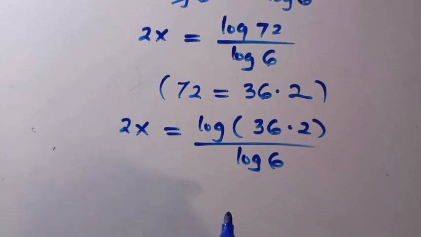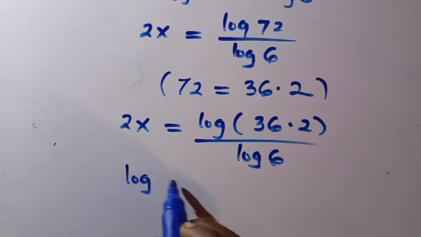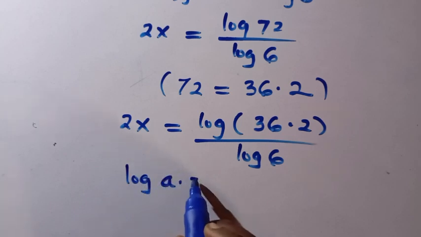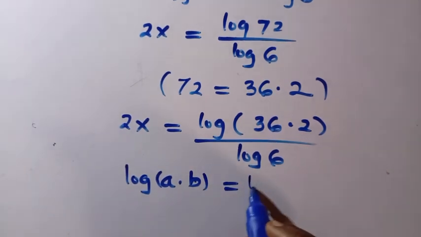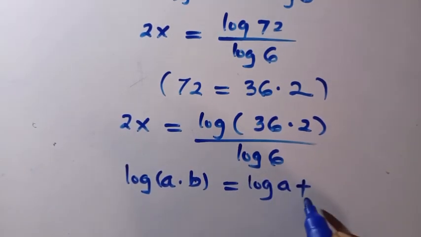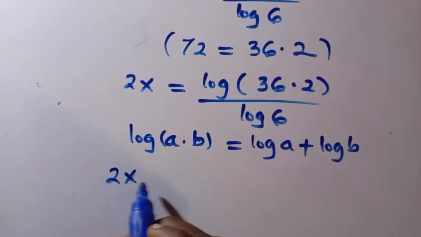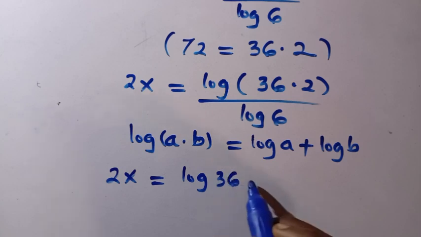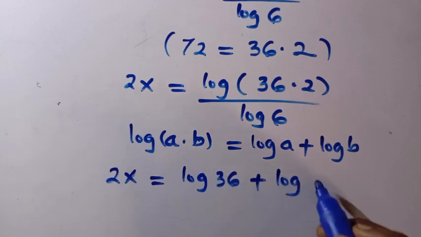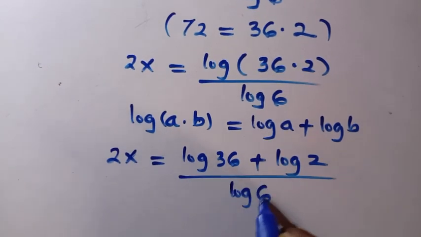So on getting to this stage, we apply the rule of logarithm from above, that when we have log a multiplied by b, this equals log a plus log b. And then we have 2x equals log 36 plus log 2, divided by log 6.